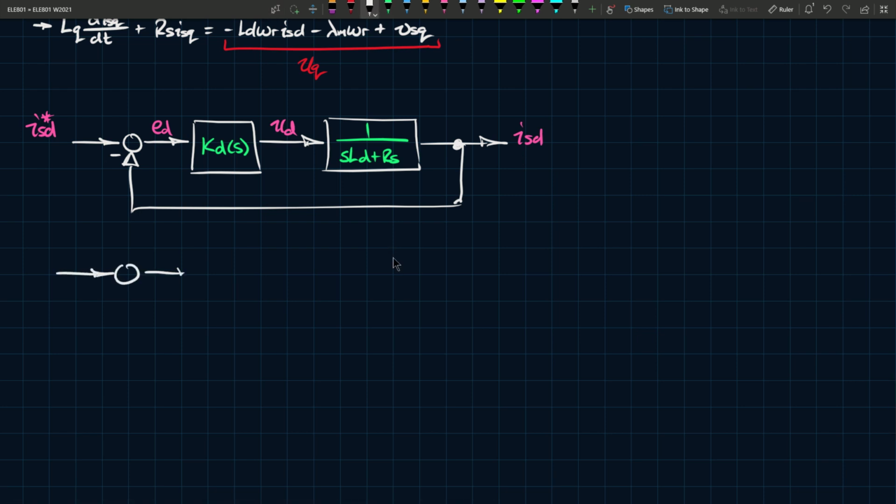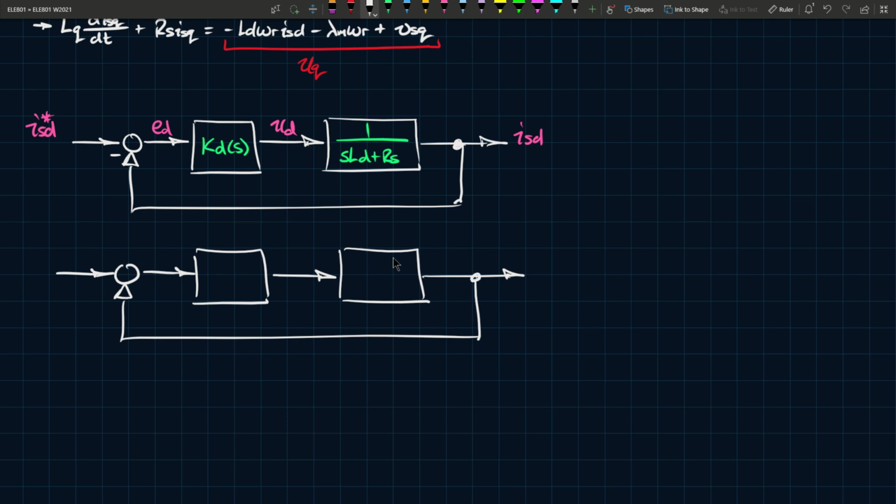So you have the output like this, and then this goes to the plant, and the output of this is fed back like so. Subtract there. So you have ISQ star, ISQ actual, EQ, UQ, 1 over SLQ plus RS, and then KQ of S. These are your control loops.